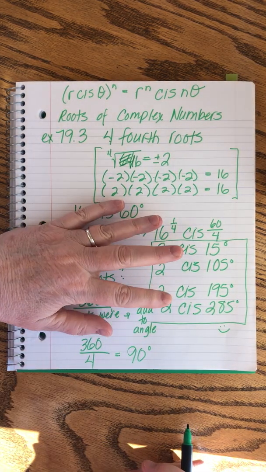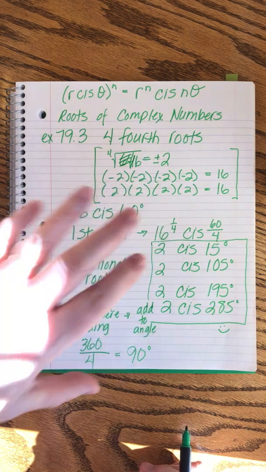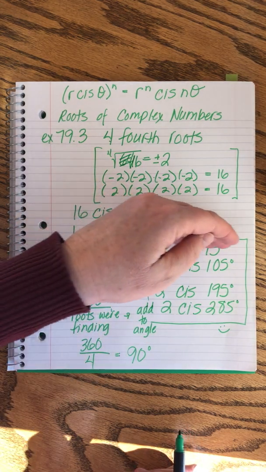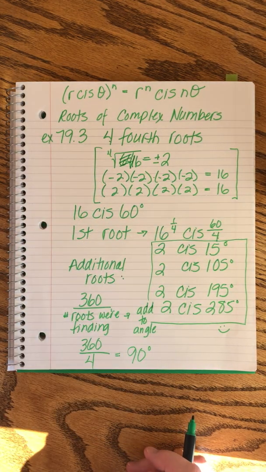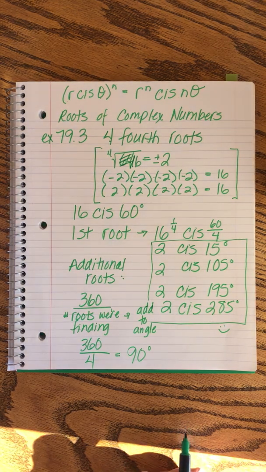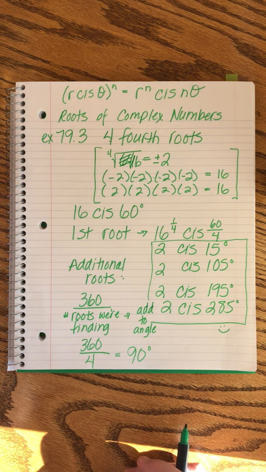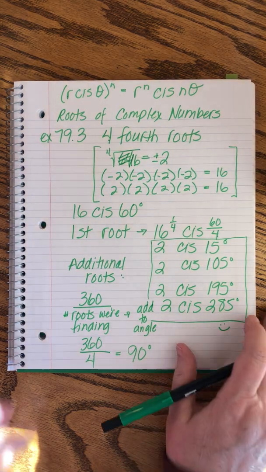Now I'm going to copy our answers to the top of the next page, and then we're going to actually check these. We don't even need the unit circle. So let me copy these to the top of the next page, and I'll show you how we check them.